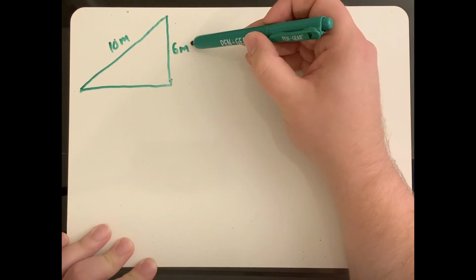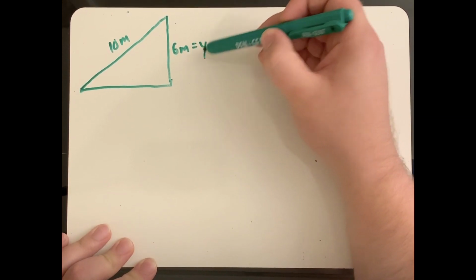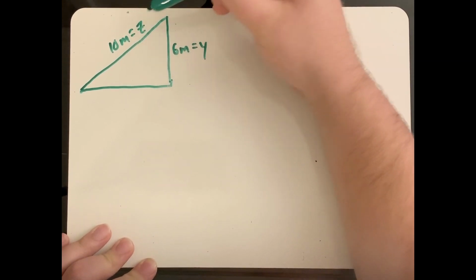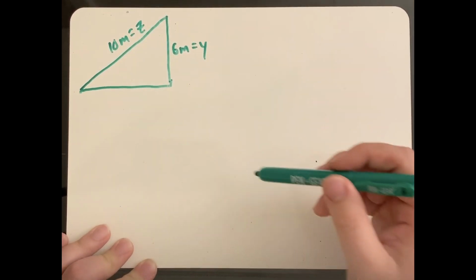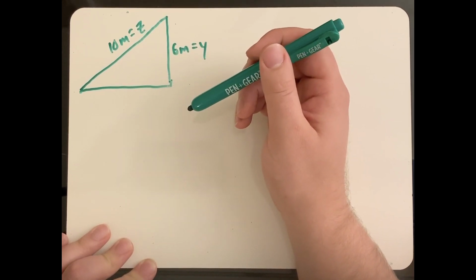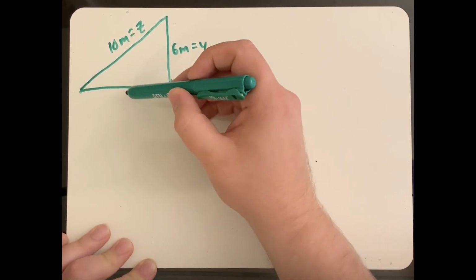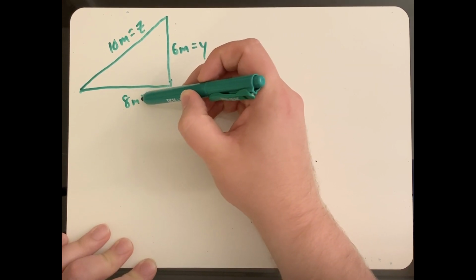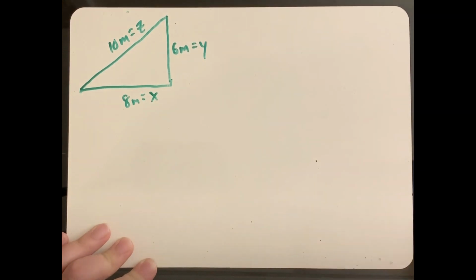I'll call that my y side. Call this my z side. And then we know from Pythagorean's theorem that 10 squared minus 6 squared would give you 8 squared. So then I have 8 meters right here. Call that my x side.